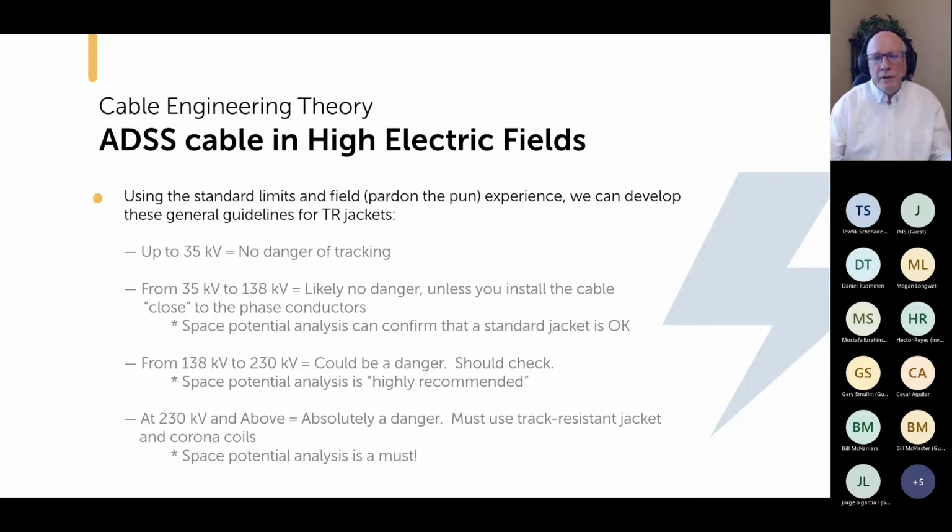But you ought to check it just to make sure, especially when you see how easy we've made it to check. At 230 kV and above, absolutely it is a danger. Not only do you have to use track resistant jacket and corona coils, but you really should do the space potential analysis just to make sure you haven't put a tracking resistant cable in a field that it actually won't survive in.